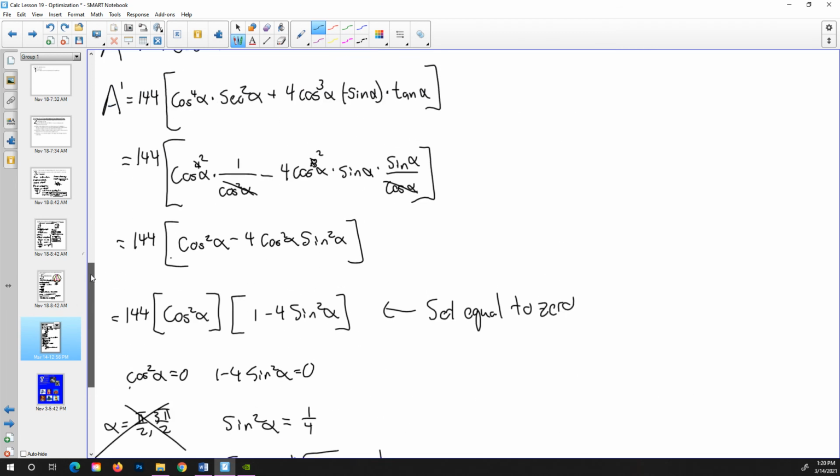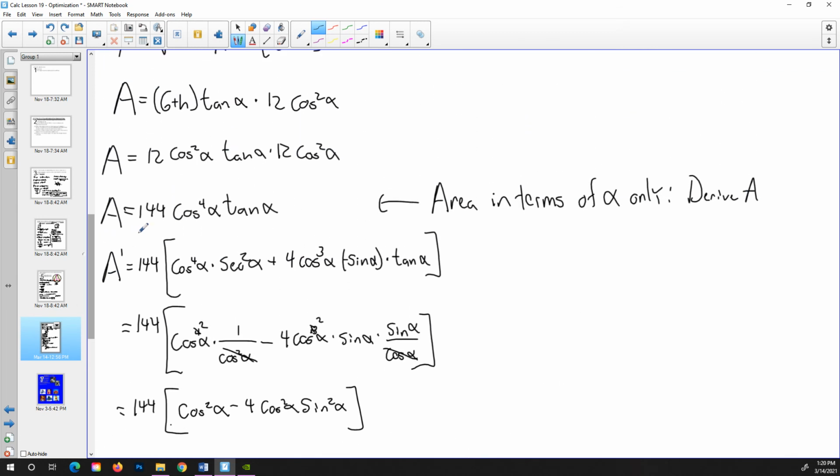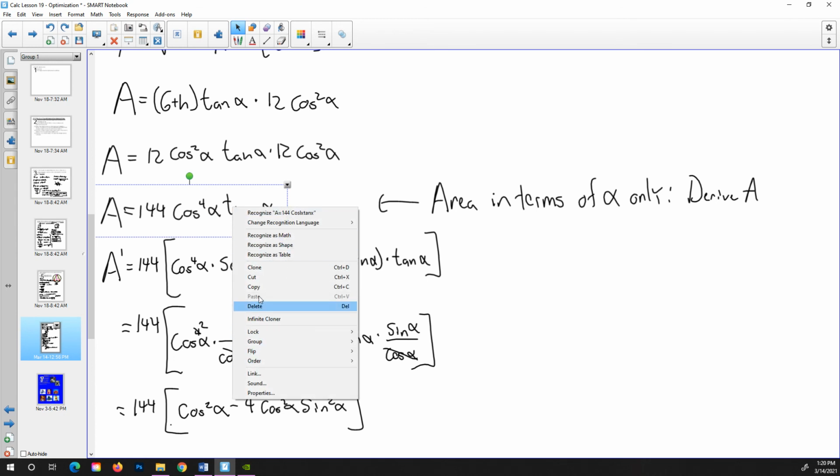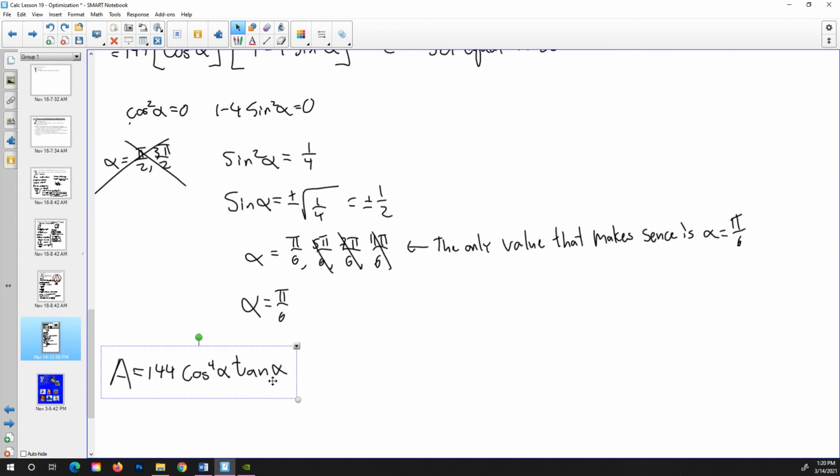Now, if we go back to the area equation that we came up with right here, let me copy and paste this. So let's copy that. All right, so let's plug in pi over 6. That'll give me 144. And so it'll be the cosine of pi over 6 to the 4th times the tangent of pi over 6.